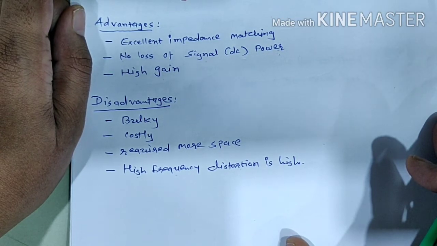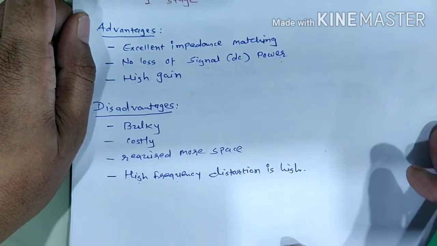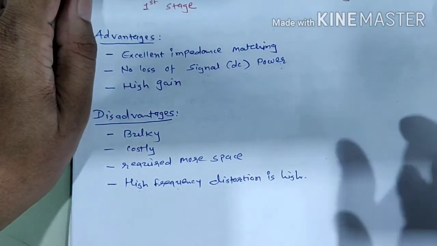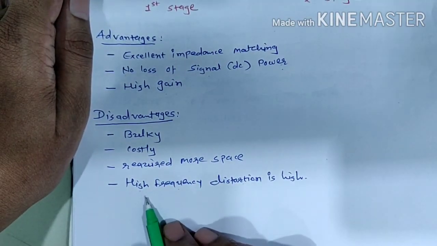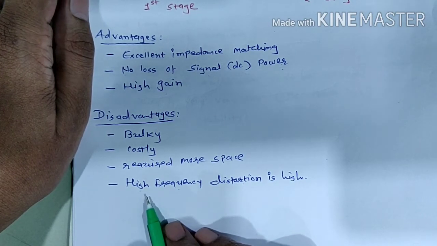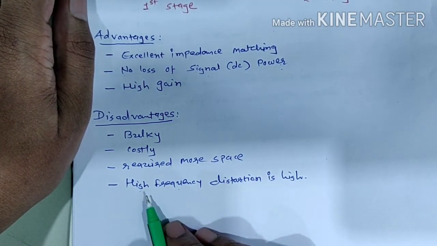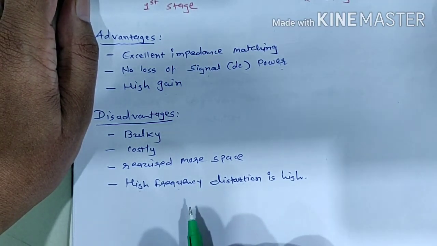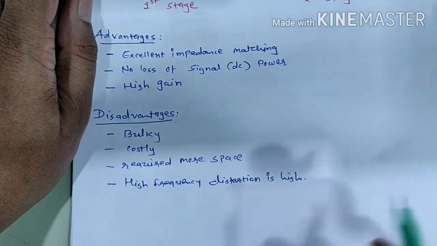It is also called harmonic distortion. So when we use this particular transformer coupling, it will not provide proper amplification at very high frequency. This is one of the drawbacks of transformer coupling.